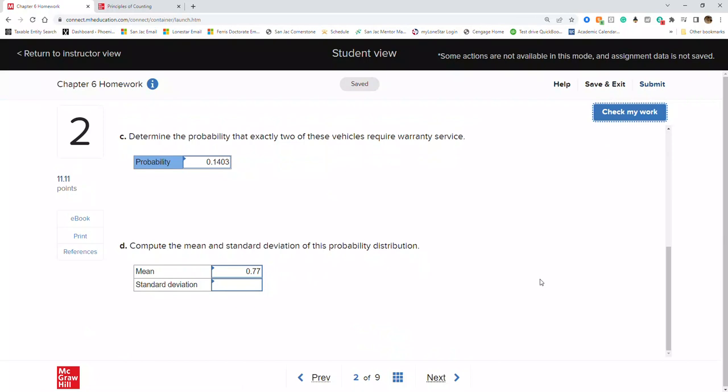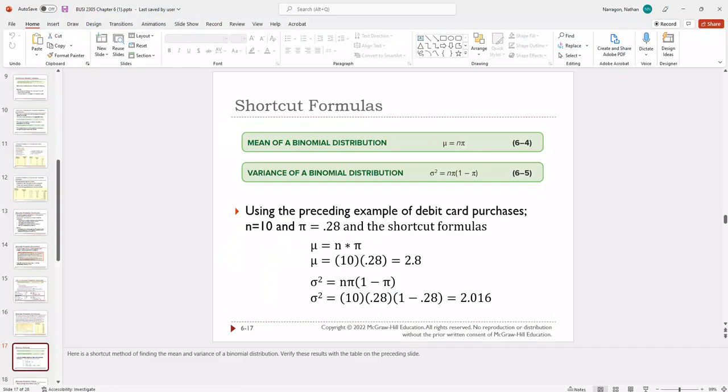Now the next one is standard deviation. And remember, with standard deviation, the first thing that we have to calculate after the mean is the variance. And then we take the square root of the variance to make standard deviation. So, for the variance in itself, again, using the PowerPoint, n times percent times 1 minus percent.